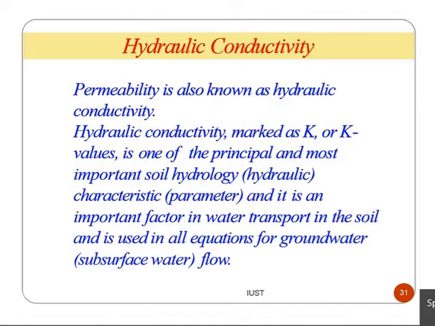Now, hydraulic conductivity. Both words are the same, permeability and hydraulic conductivity, because another name for permeability is hydraulic conductivity, which is marked as K. We have previously discussed that. In terms of soil hydrology, it is a very important terminology.